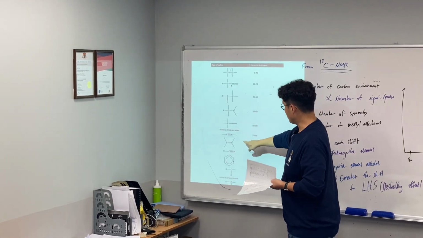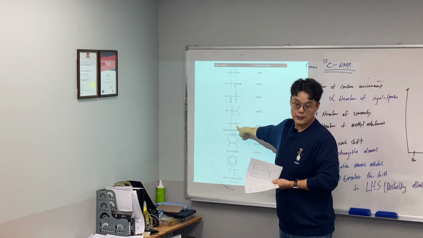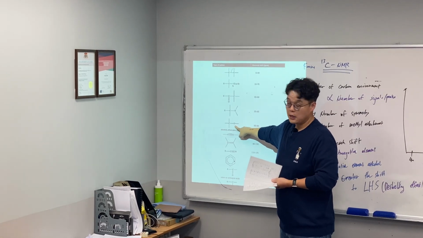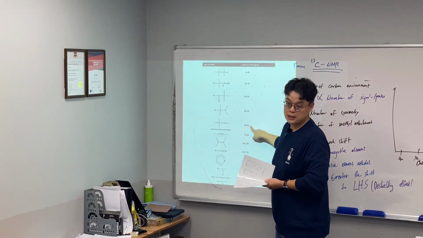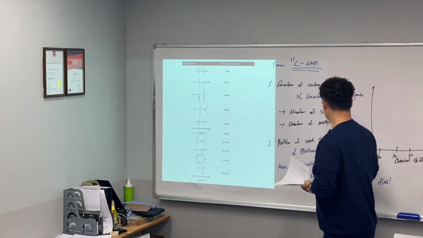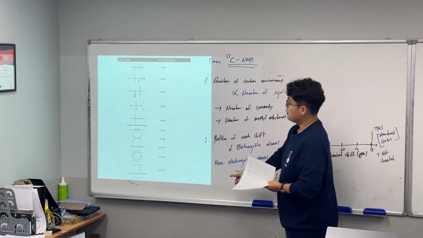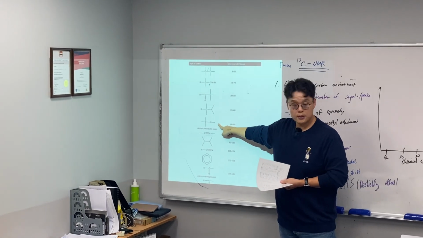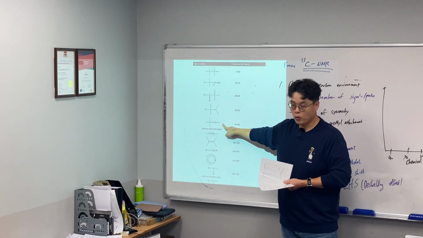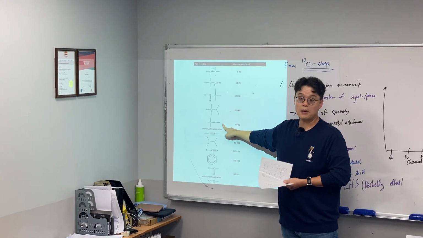Important thing is this: if we have carbon and oxygen like this, you have a shift in the 50 to 90s region. This represents that it might be the alcohol structures.